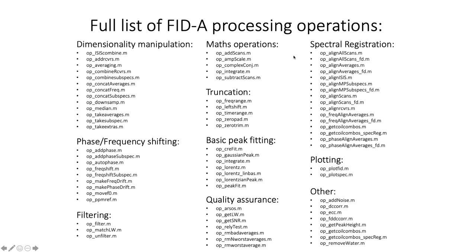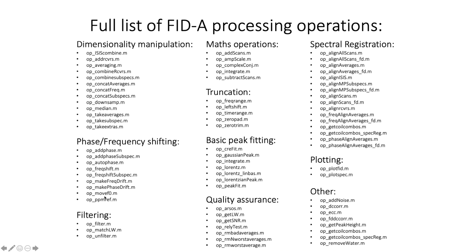Here's a list of all the processing operations in FID-A. These I've categorized by different types. So these are dimensionality manipulation, where you might be combining different dimensions or removing dimensions from your data set.